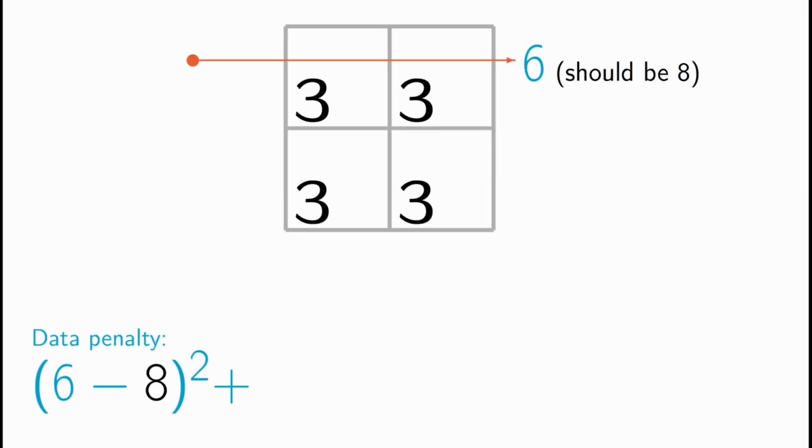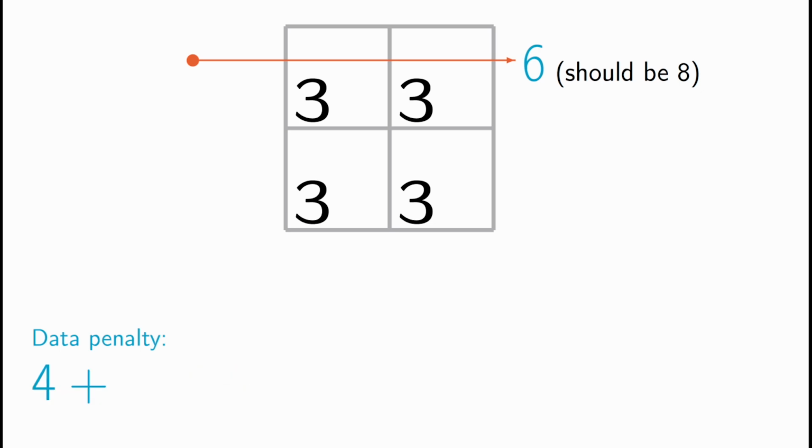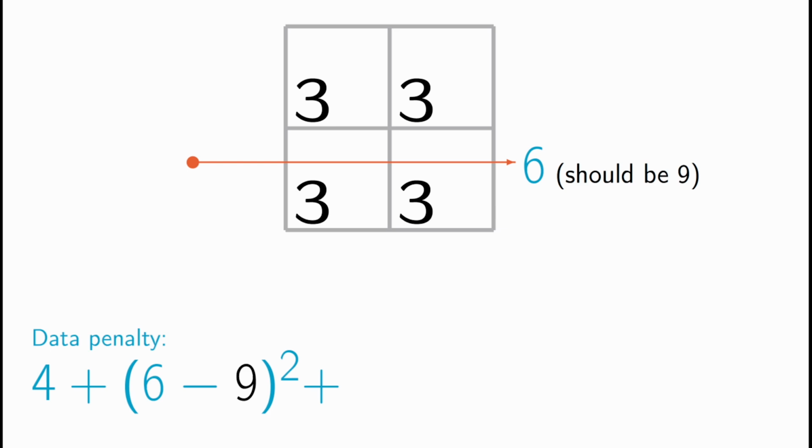For the flat candidate, this X-ray measures 6. We subtract the actual measurement, that was 8, minus 2 squared gives 4. The second ray gives minus 3 squared, so add 9.